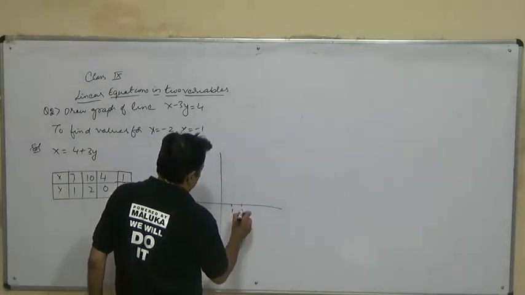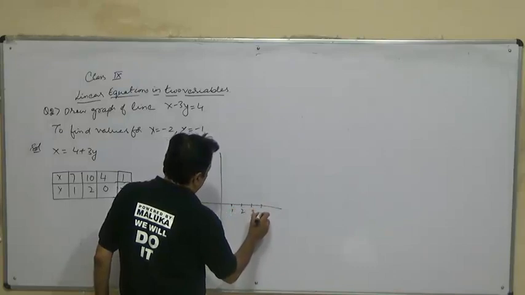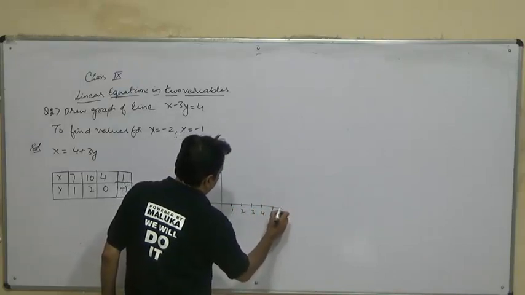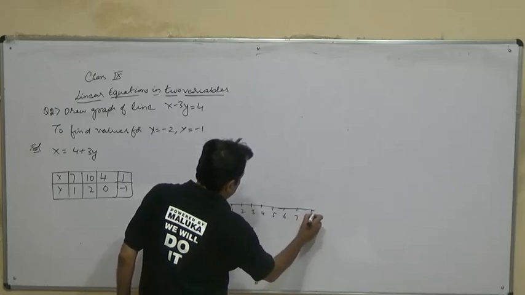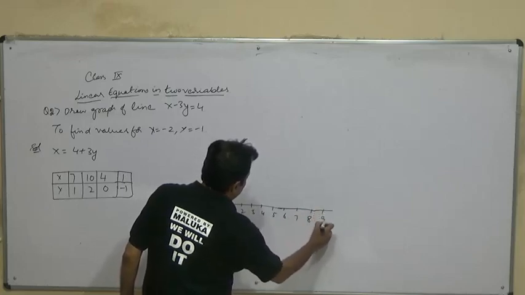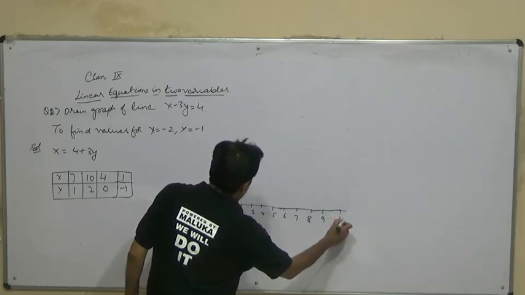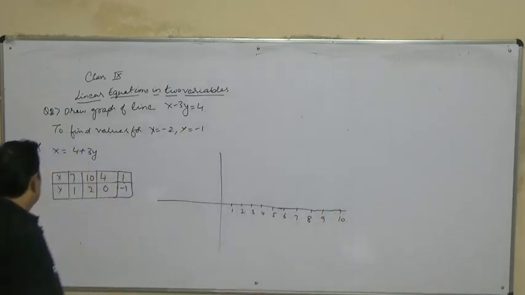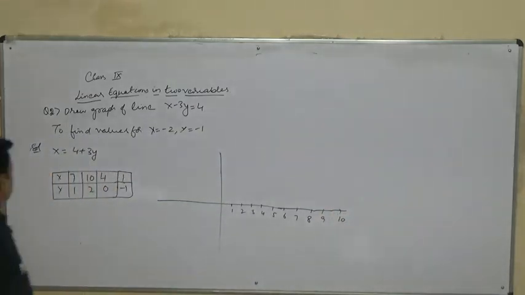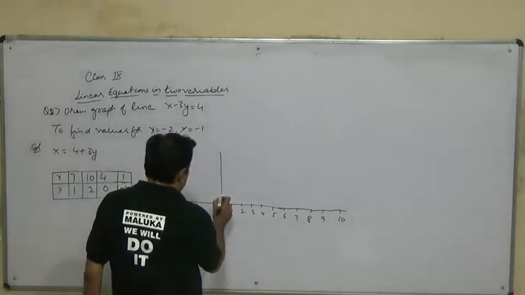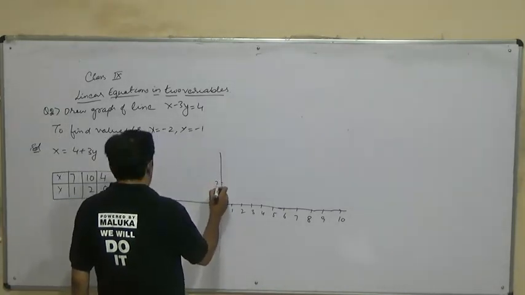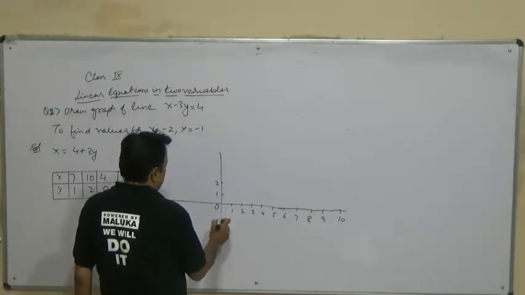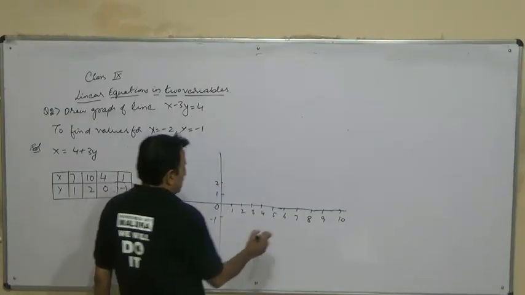1, 2, 3, 4, 5, 6, 7, 8, 9 and 10. First value is (7, 1). The y values are 1, 2, this is 0 and this is -1. (7, 1) is this.